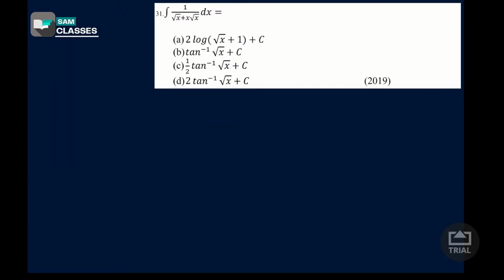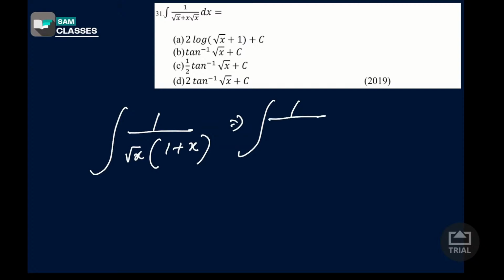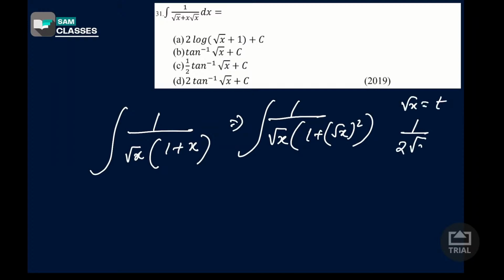Let's see, very simple, very easy question. What do you have to do? Take root x common. What you'll get? 1 plus root x. This can be written as 1 by root x into 1 plus root x whole square. Now take root x as t. So 1 by 2 root x dx equals dt.